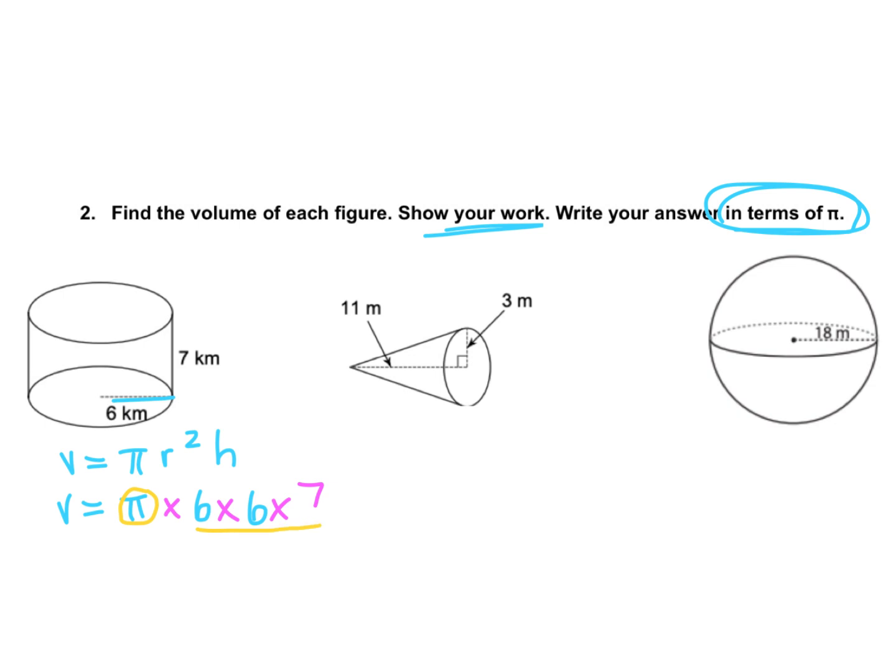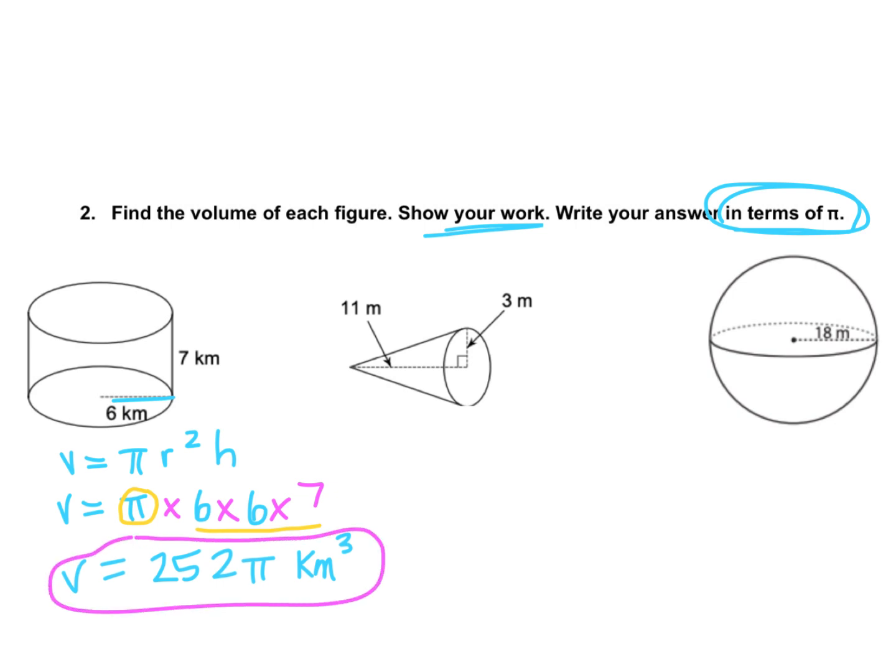And do not calculate the pi because this is in terms of pi. So that gives us 36 times 7, 252 pi, and then it's kilometers cubed. All of our labels that are 3-dimensional will be to the 3rd power. And again, in terms of pi, don't type in pi at all.